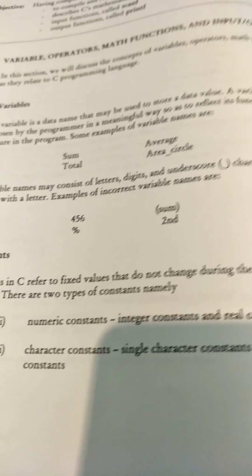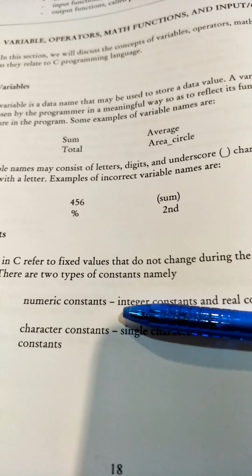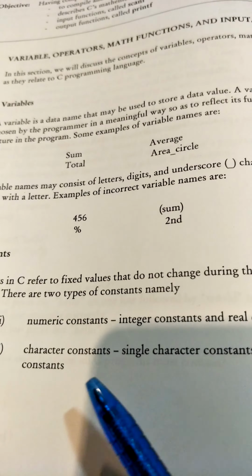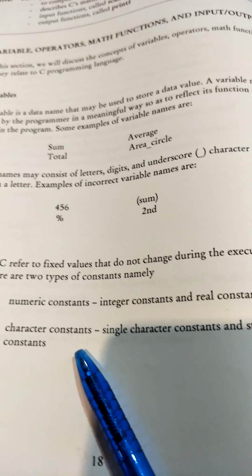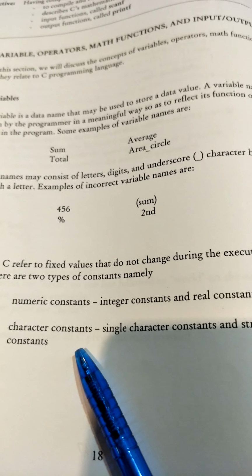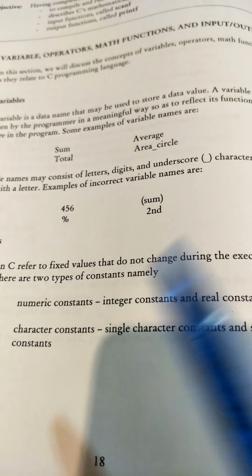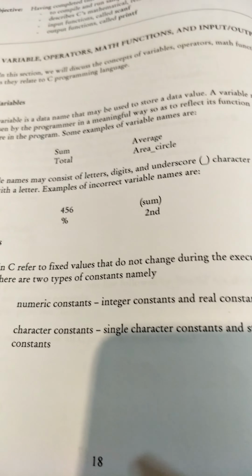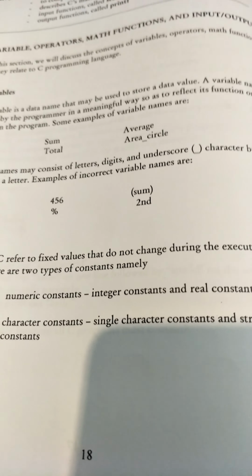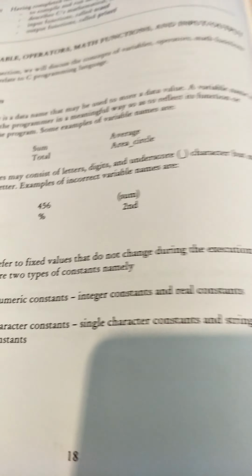Okay. So if you look at your notes here, we have the numeric constant that I gave you an example of here. We also have the character constant. For a character constant, we give a variable with type char, and then whatever character, A, B, C, and so on.